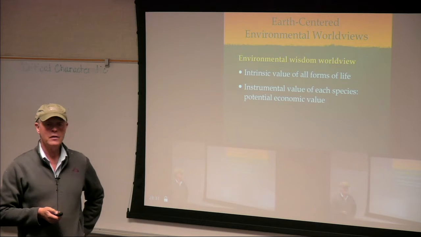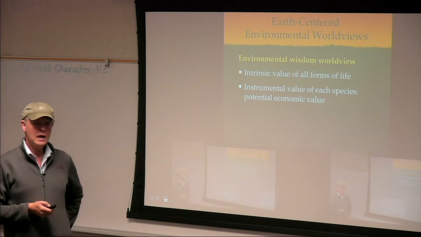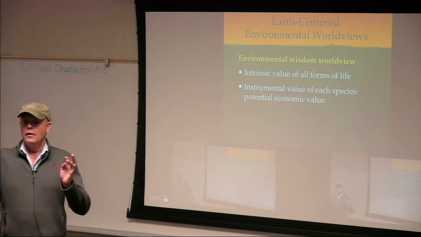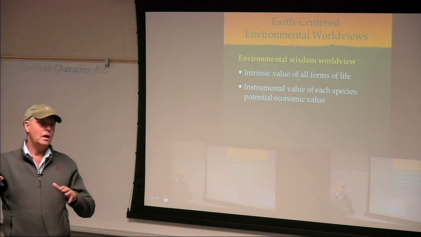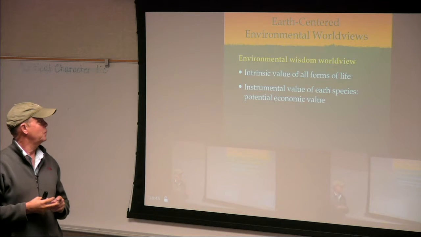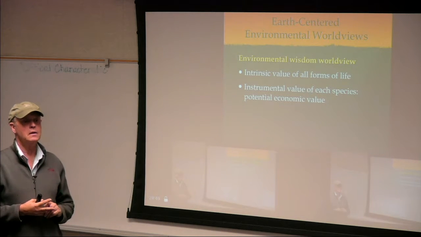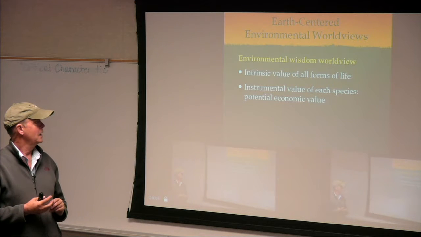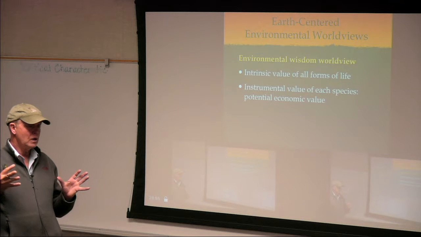Then the third one is the environmental wisdom worldview, where we kind of look at it from the natural side, from the earth side, the trees and the animals and the insects and everything. We look at it from their perspective. And so we really, really respect the value of life, and we look at it from what's best for them.